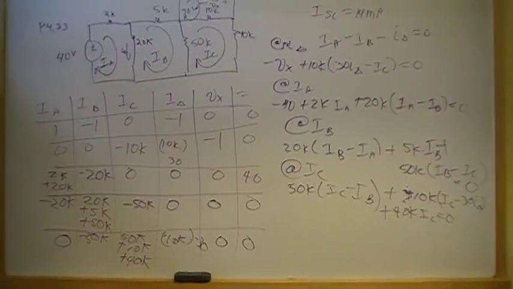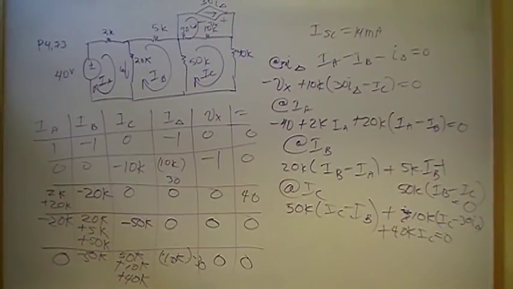All right, so let's go ahead and enter this into our simultaneous equation solver. So we have 5 equations and 5 unknowns.